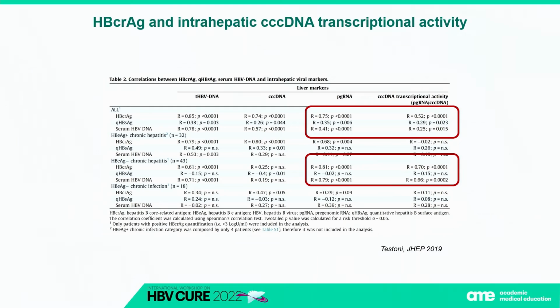Moreover, correlated antigen was highly correlated with both RNA and transcriptional activity in the liver, in the overall cohort, and particularly in the HB antigen negative patients.